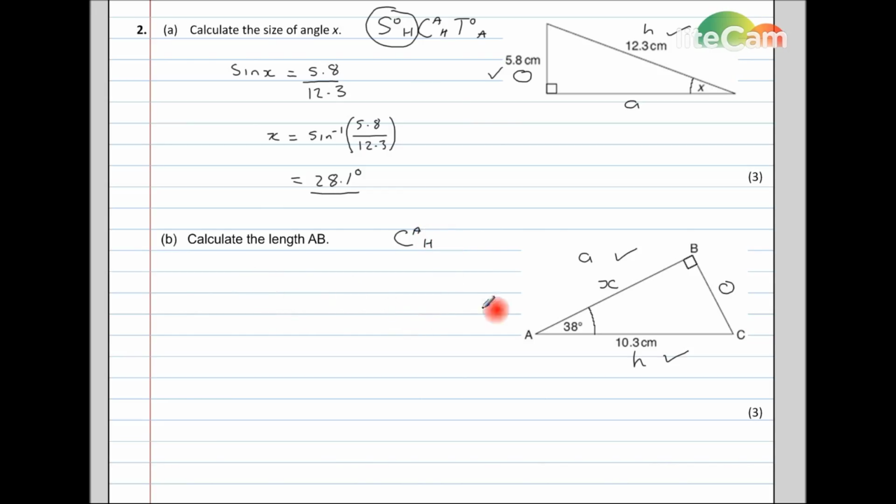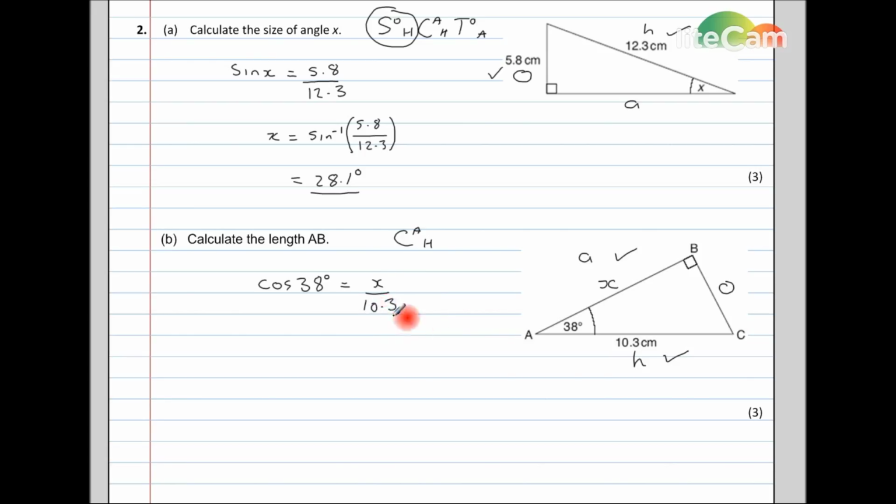So we're going to write down the formula with the information in it that we know. So we've got cos, this time we know the angle is 38, equals the adjacent, which is x, divided by the hypotenuse, which is 10.3. And now we want to find x, and at the moment it's divided by 10.3.